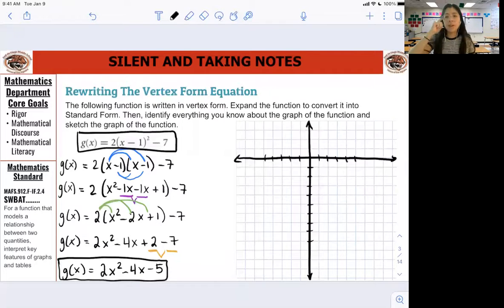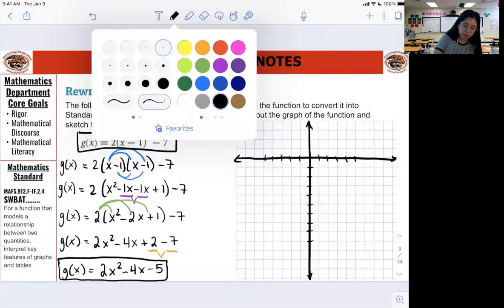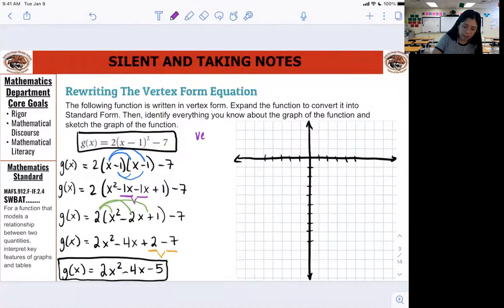Cool. Okay. So let's take a look at what we know, because now I have vertex form and I have standard form, so I have a lot of information available to me. Going back to vertex form, let's just quickly review. The vertex is located at (h, k).